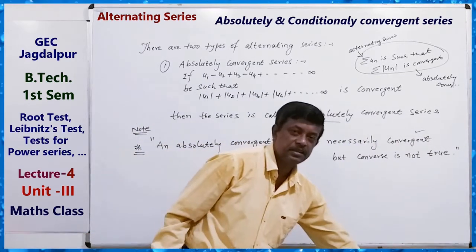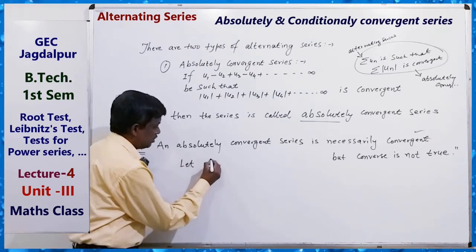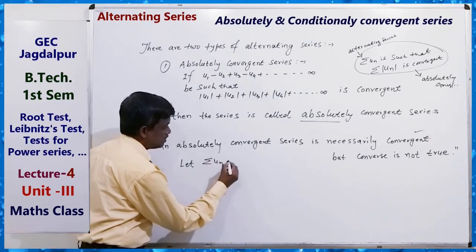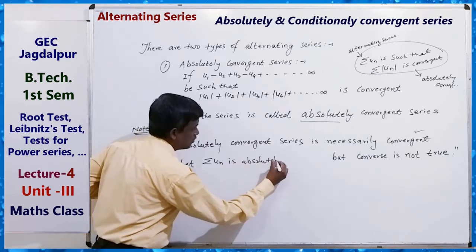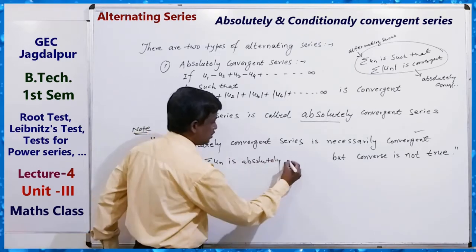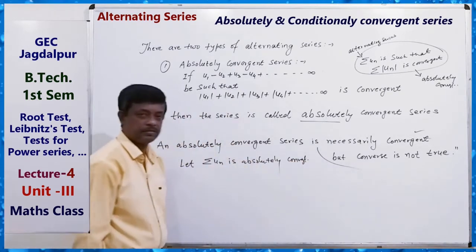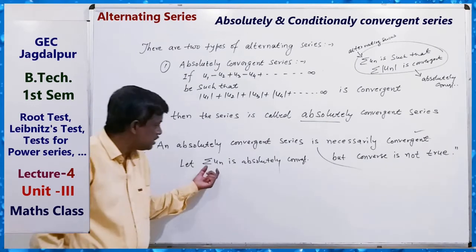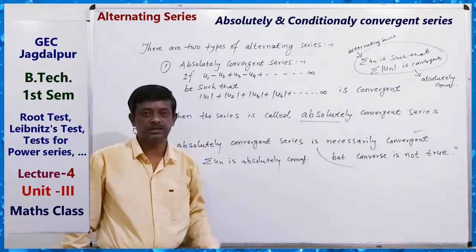That means if a series is absolutely convergent, then it is necessarily convergent.